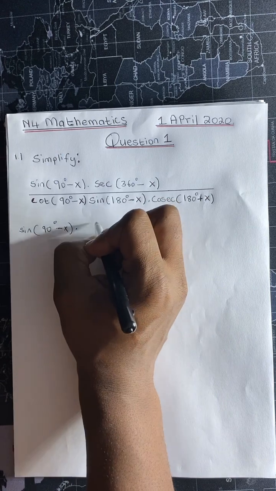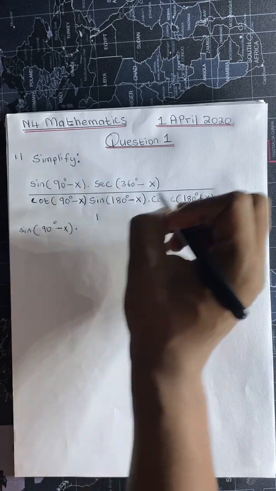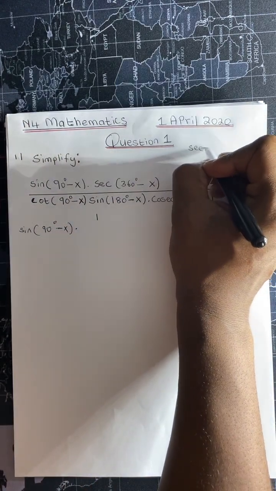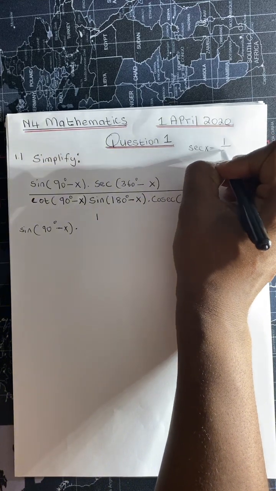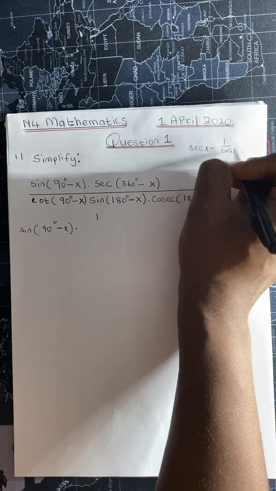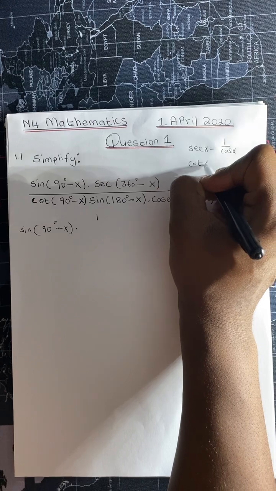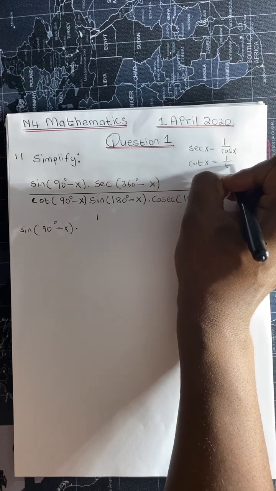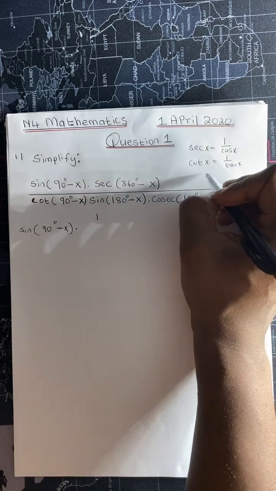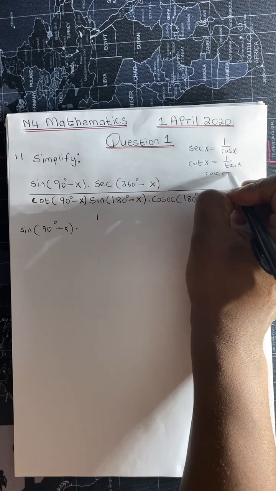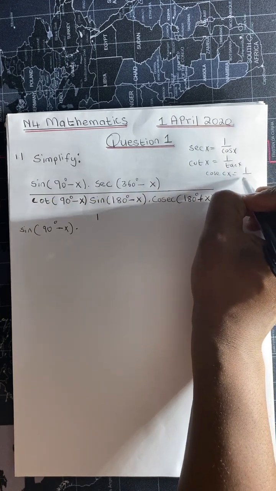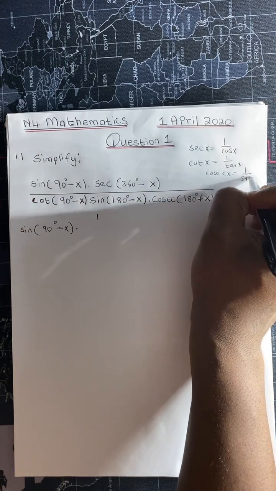multiplied by 1 over, so we know that sec of x will be equal to 1 over cos x, and cot of x will be equal to 1 over tan x, and cosec of x will be equal to 1 over sin x.